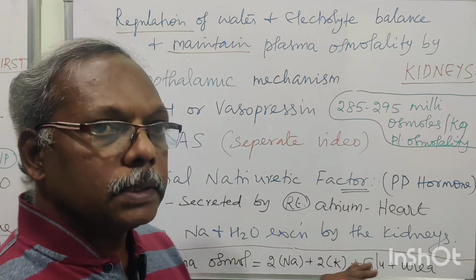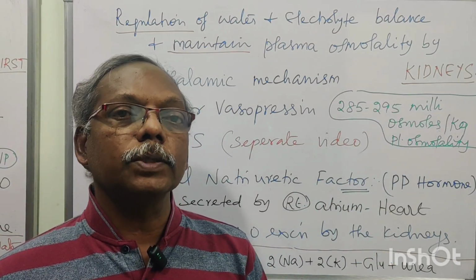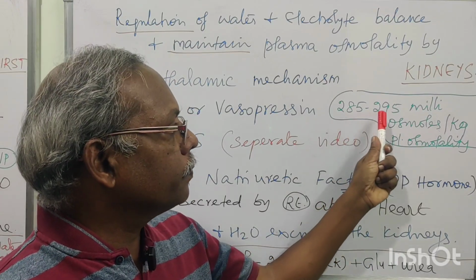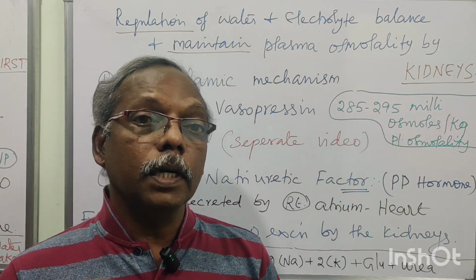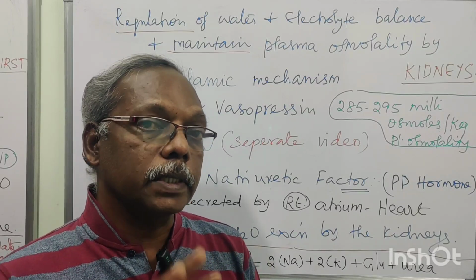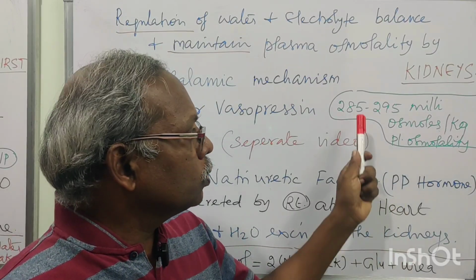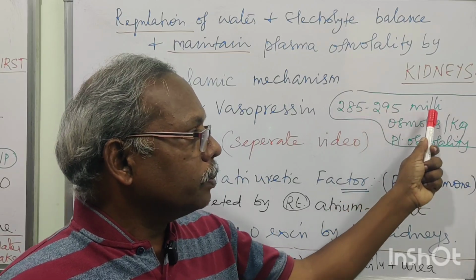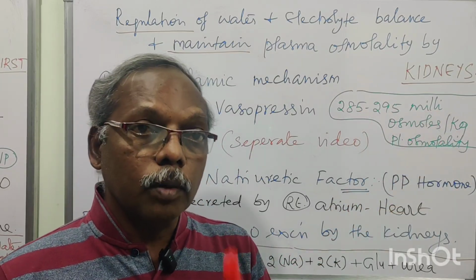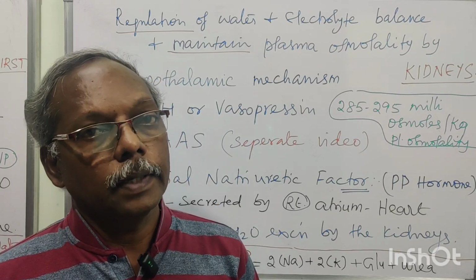After applying this, they have derived the normal value of plasma osmolality as 285 to 295 milliosmoles per kilogram. The unit is very important because this is a different number and also a different unit. 285 to 295 milliosmoles per kilogram is the normal plasma osmolality level.